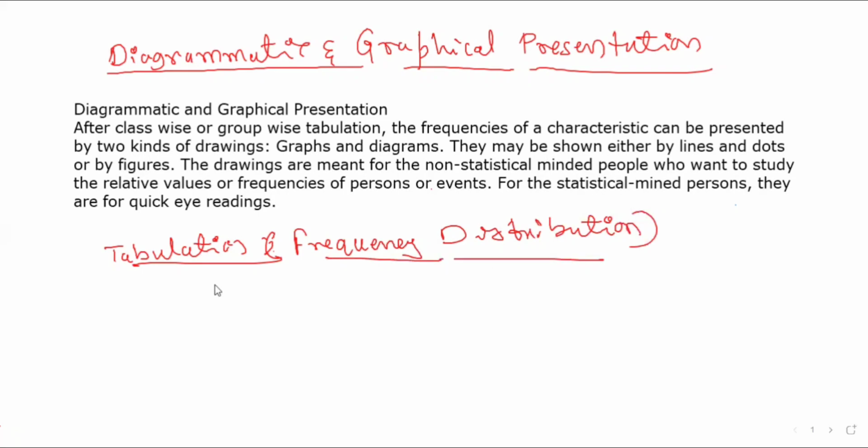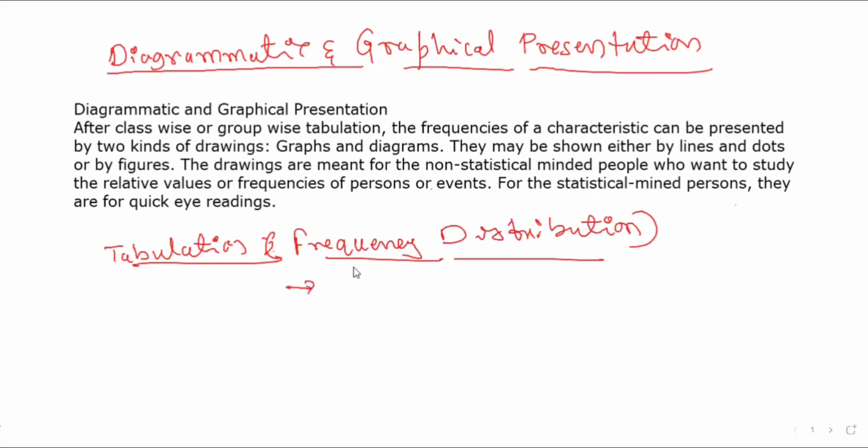Tabulation is a representation of the data in the form of rows and columns. The definition of frequency distribution is a reorganization or systematic presentation of the data in the form of tables.